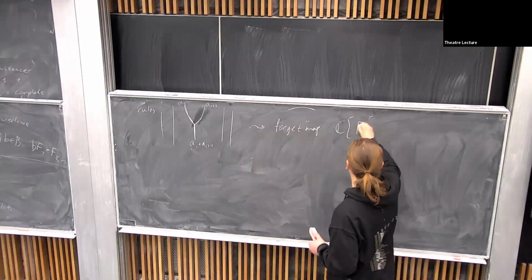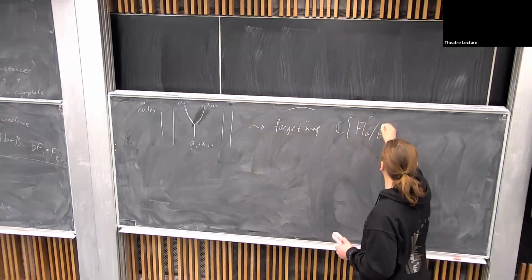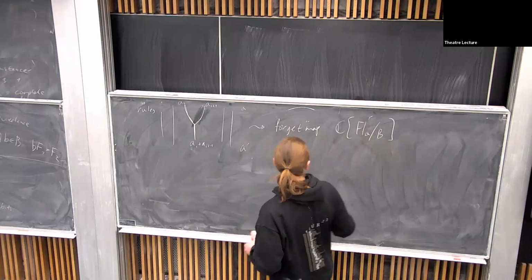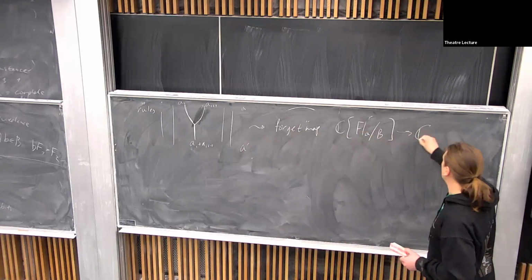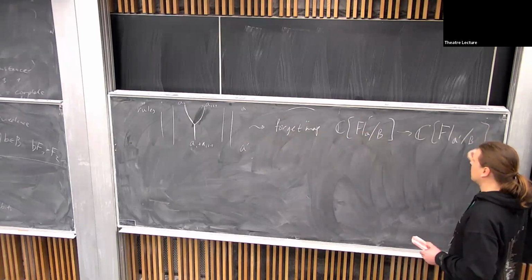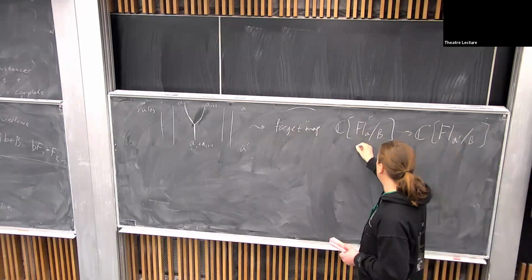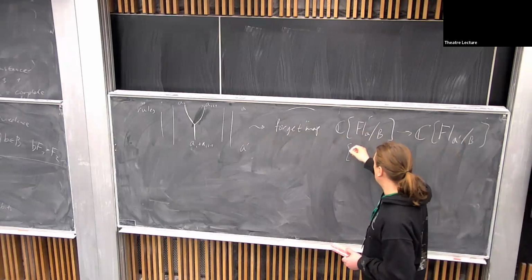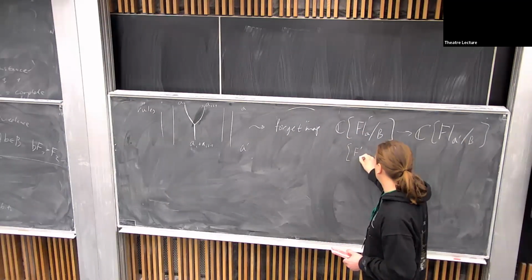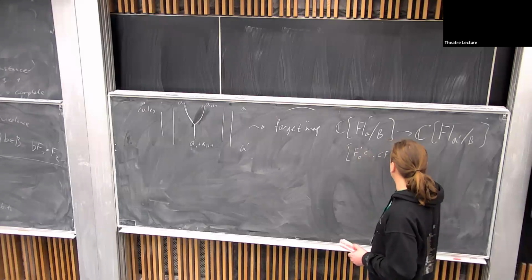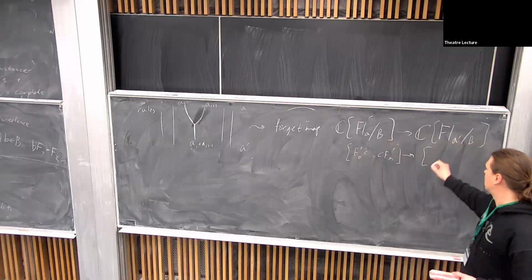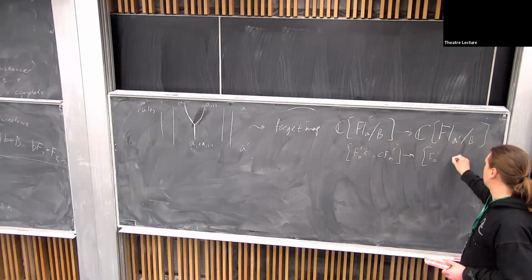Imagine you have A, and this is an A prime. So there is a flag here plus some flag F0 through M, and you simply forget the steps.